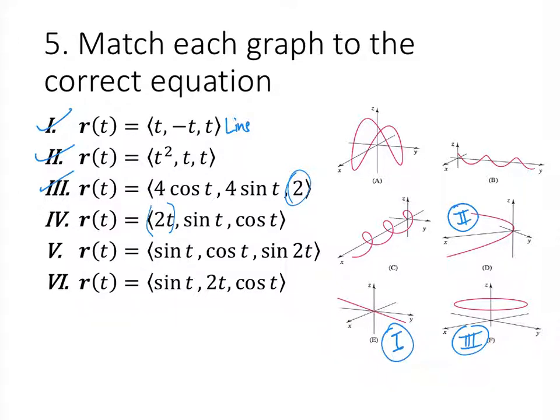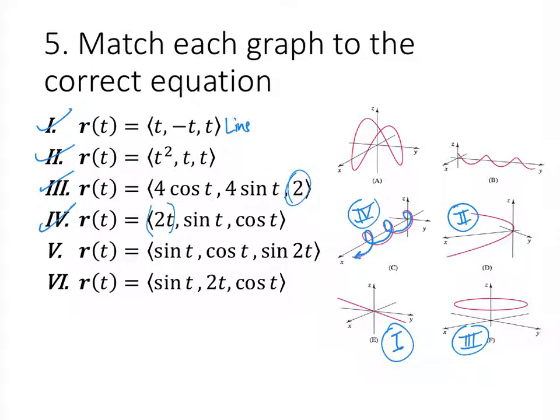But now if we look at the x component, which is 2t, that means the x coordinate is steadily increasing as t changes. So we see steady increase in the x direction and spinning in the y and z directions, and that's exactly what's happening in graph C. So that's going to be graph number 4.